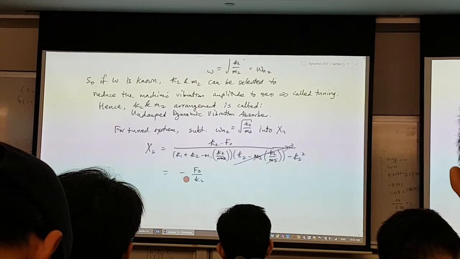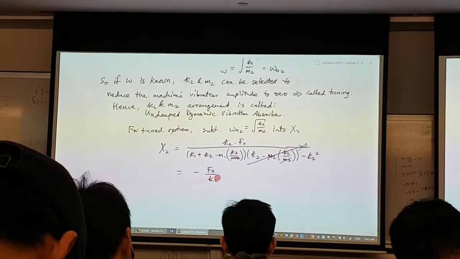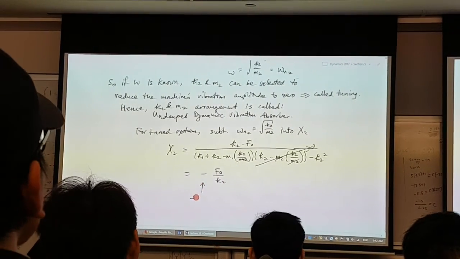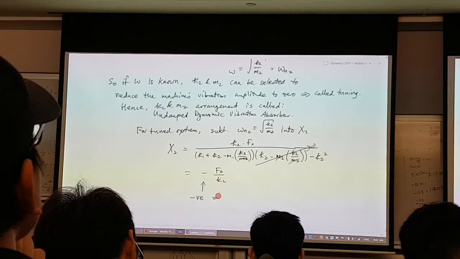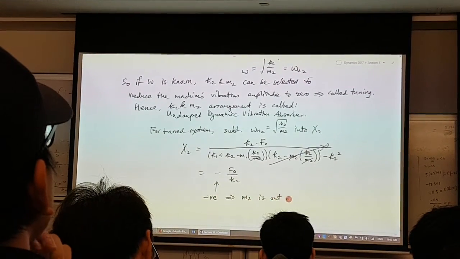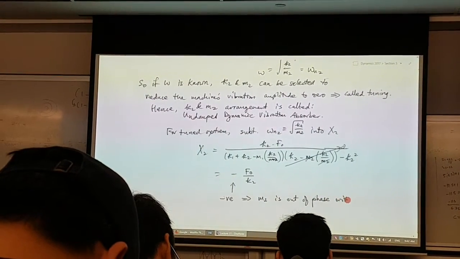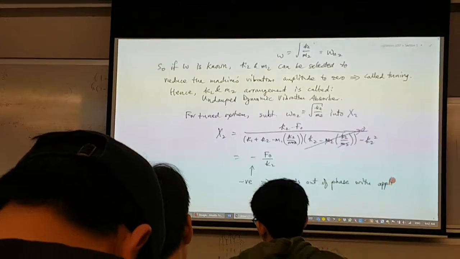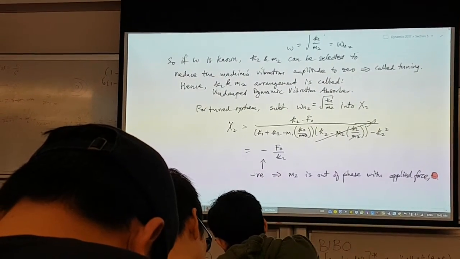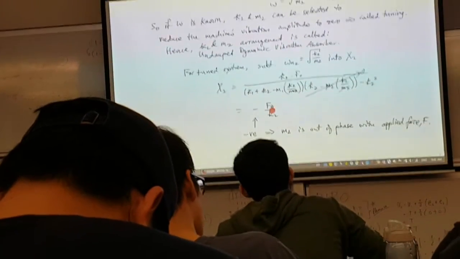This is the displacement of the mass at the top of your machine. So what is this negative sign? The negative sign implies that M2 is out of phase with your applied force F, and it has this amplitude.